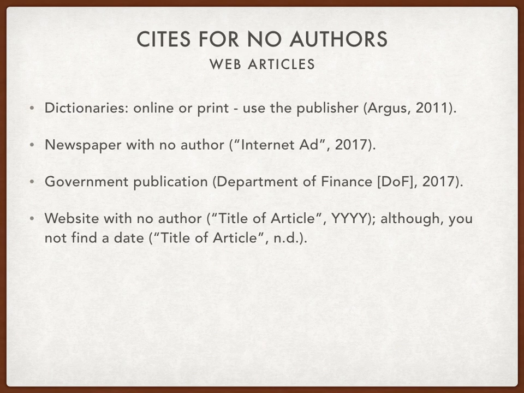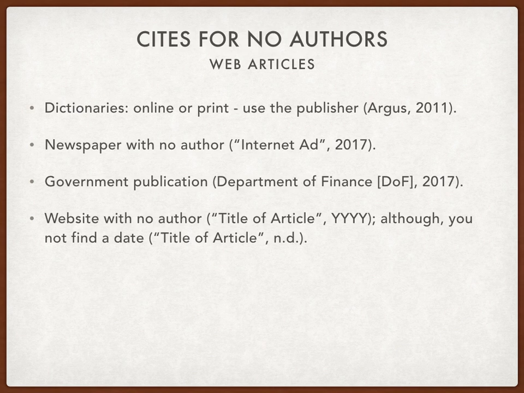Now, you can't have things that don't have an author. Sometimes newspapers are written without an author. There's lots of other websites that have articles that don't have a specific author to them. So, for those types of citations, we put the title of the article in quotation marks, comma, and the year it's published.